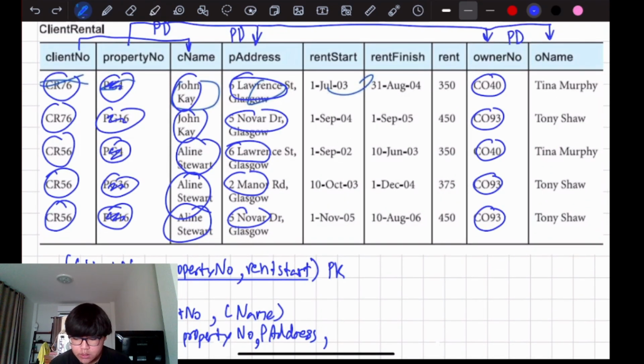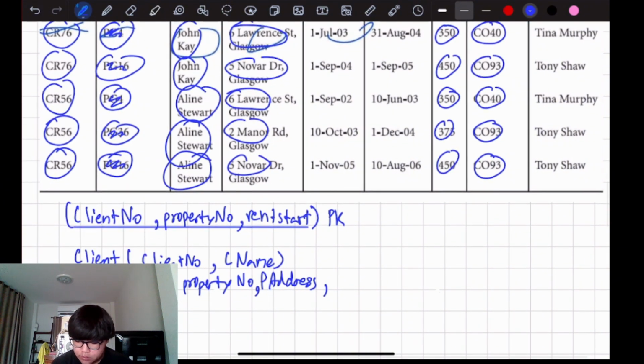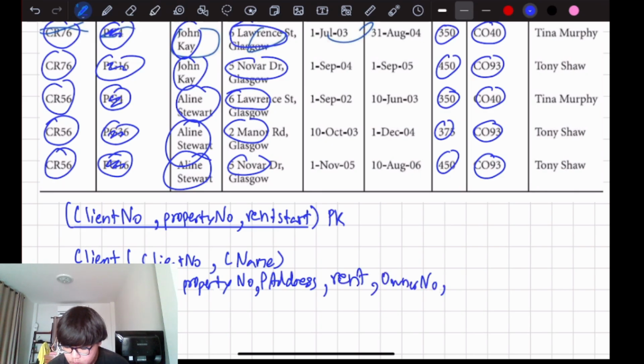Property number can tell rent because PG4 has 350, PG36 has 375, PG60 has 450. So in property owner we have rent, owner number, and owner name.